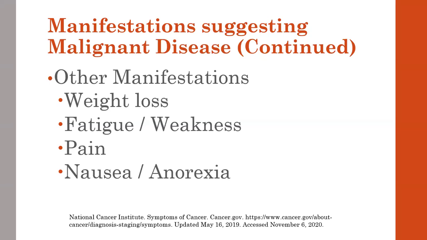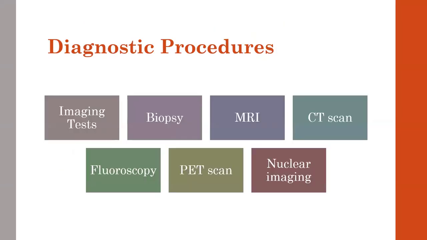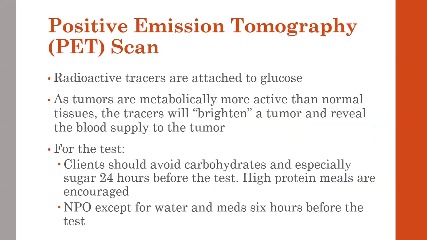So, how do we diagnose cancer? Diagnosis of cancer, we do this several ways through imaging tests, biopsies, MRI scans, CAT scans, fluoroscopies, PET scans, and nuclear imaging. PET scans are really cool. With PET scans, we radioactively label glucose. I said that the cancer likes to feed itself first.